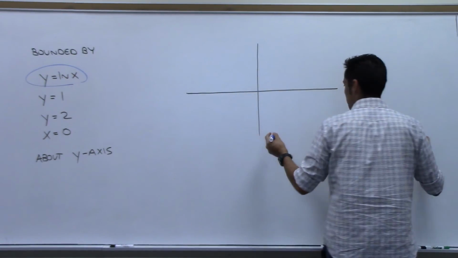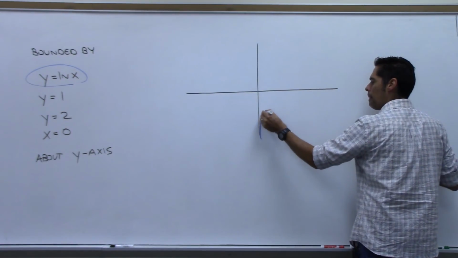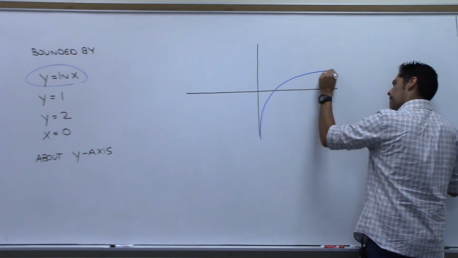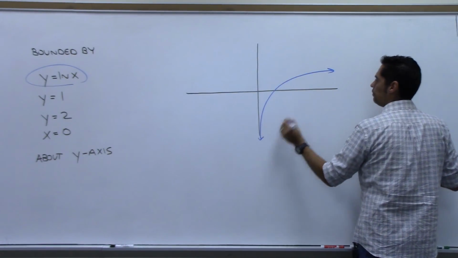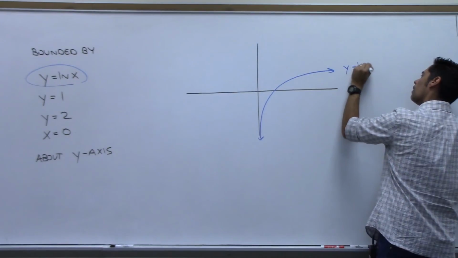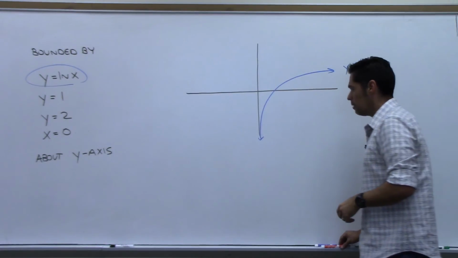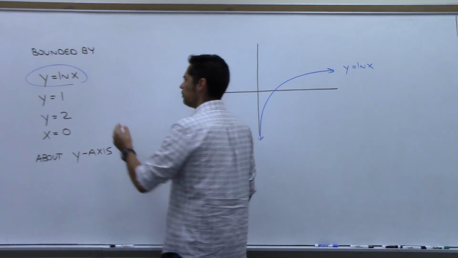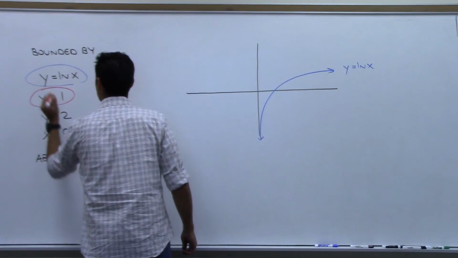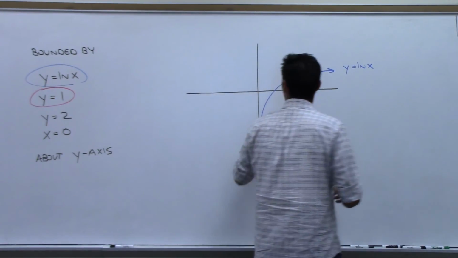We all know that that looks like this. Y equals 1. Vertical or horizontal? Horizontal line, y is 1.